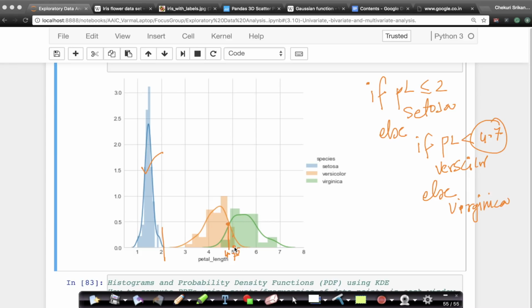So the moment you see 5 here, you can say that, okay, I typically find only a small number of points of versicolor type, and I find more points of virginica type whenever I see a petal length of 5.